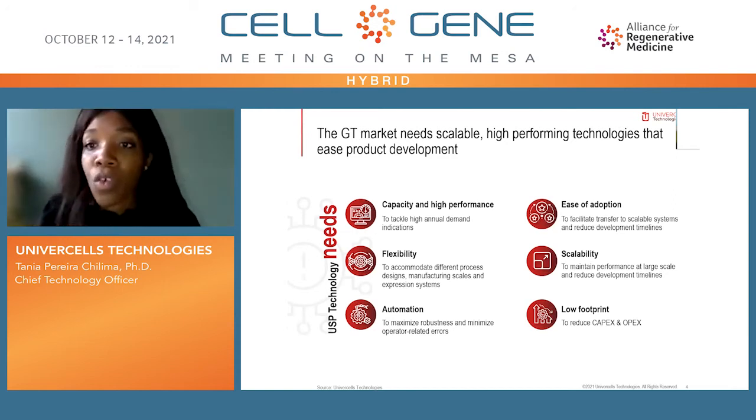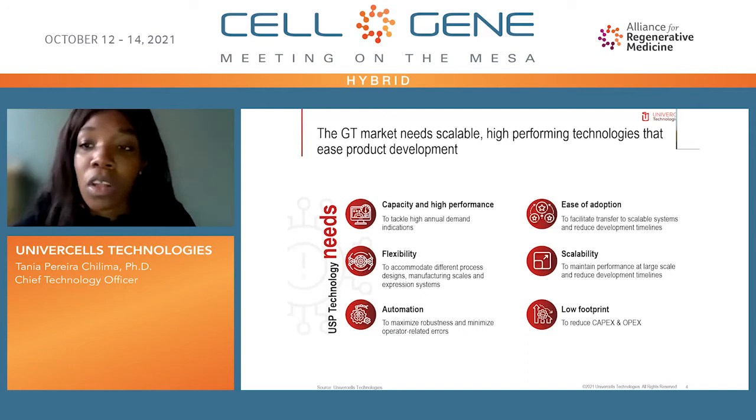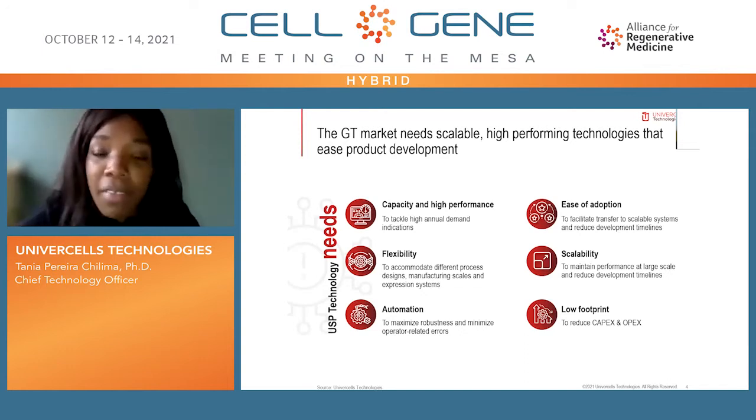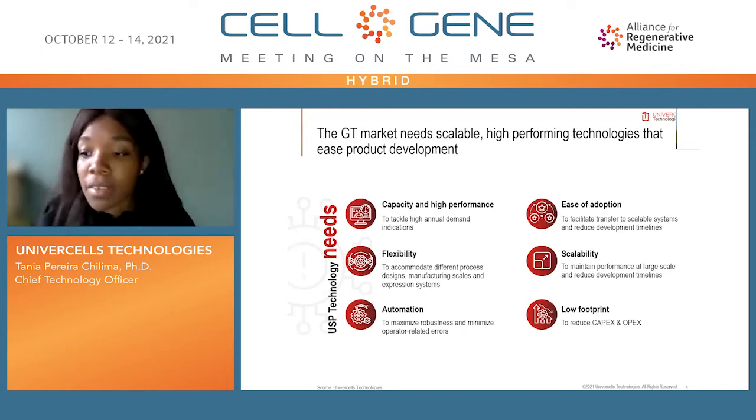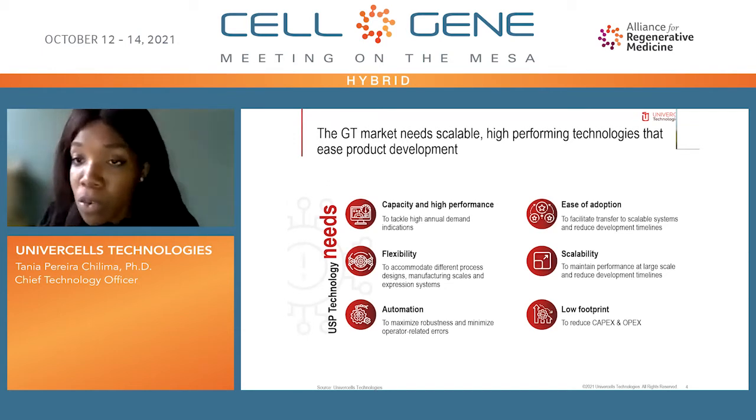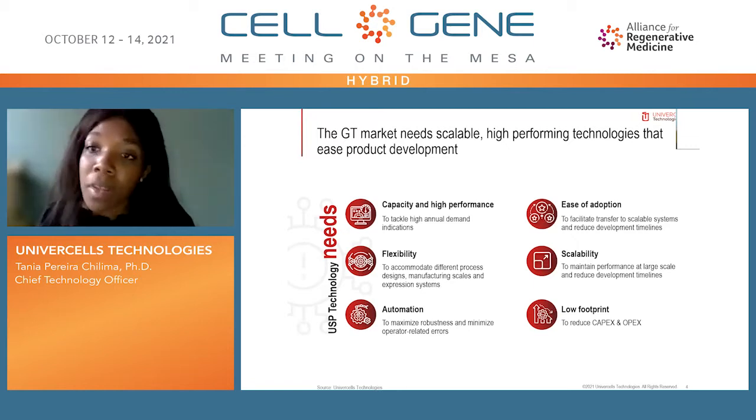Automation, when we go from the traditional technologies such as flasks, we see that the need for automation is very important in order to have a scalable and robust process. Ease of adoption is also important, as we see a lot of different products being developed in more manual technologies. So when we move to more scalable technologies, that transition is very important.